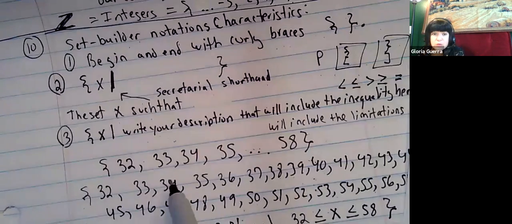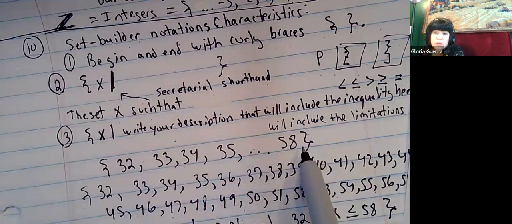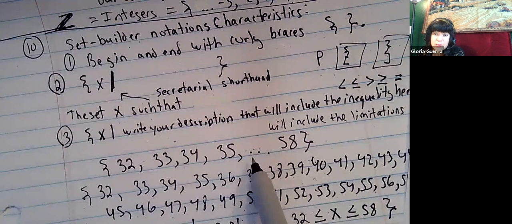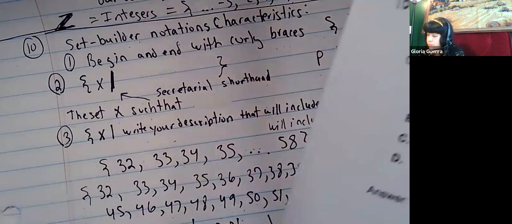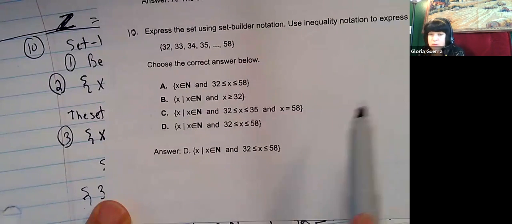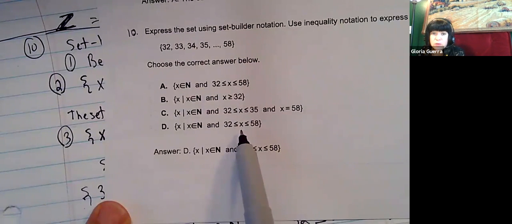I guess they saw 32 to 35, and then they say that it jumps to x equals 58. But they didn't understand what dot, dot, dot means. It means you include all the numbers between 35 and 58. So that's why this is the best choice here, which is what we jotted down. Okay.